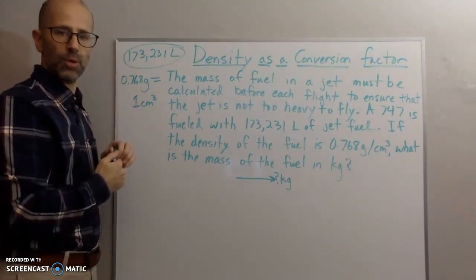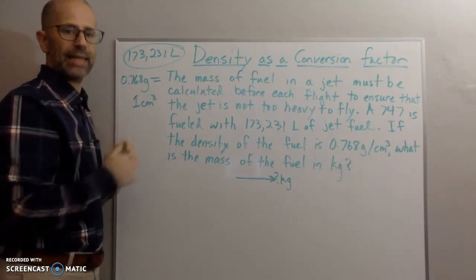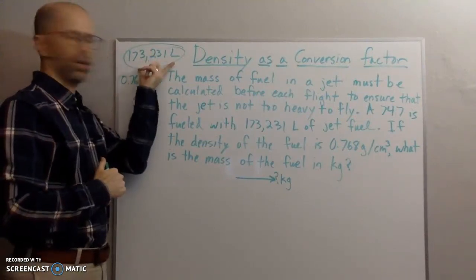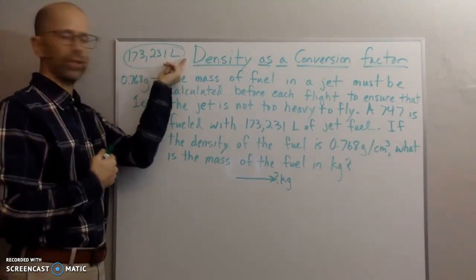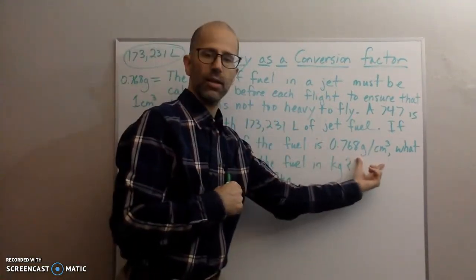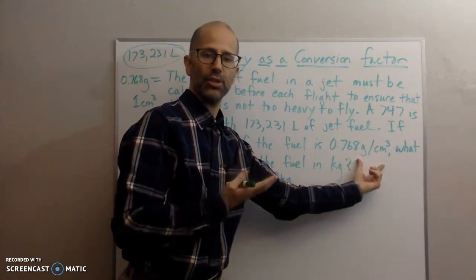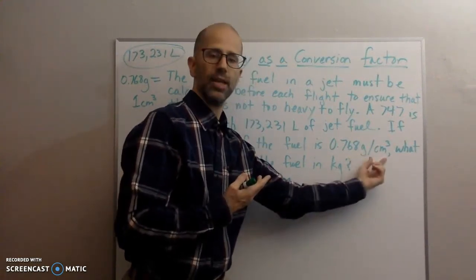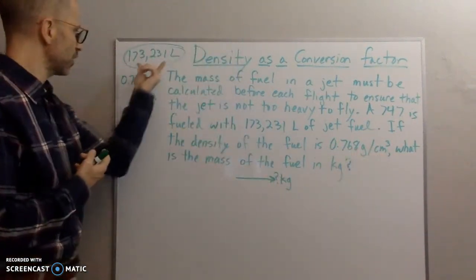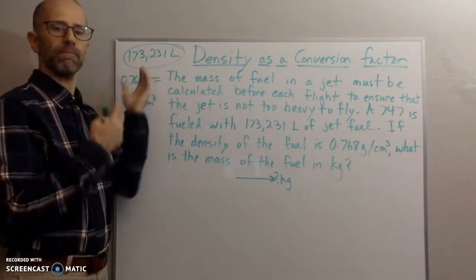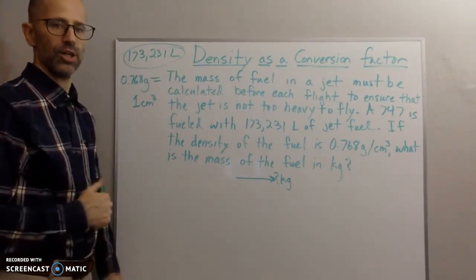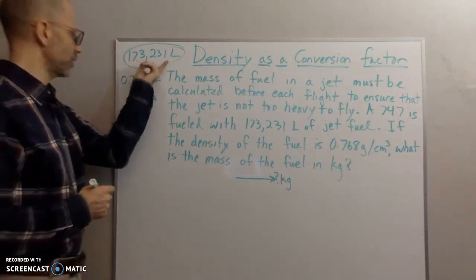That's where we're going to start. 99 times out of 100, we begin with the information that only has one unit. Notice that the density here has two units, grams and centimeters cubed. We're not going to begin with that. The information that has one unit is most likely where we're going to begin.